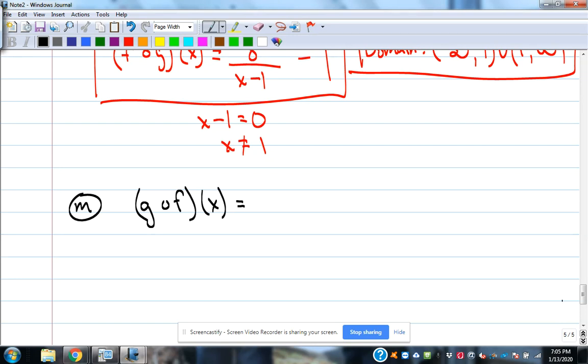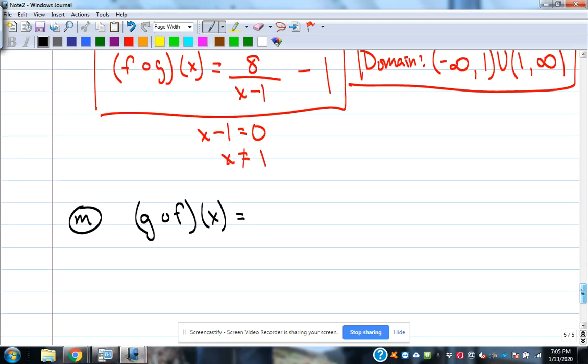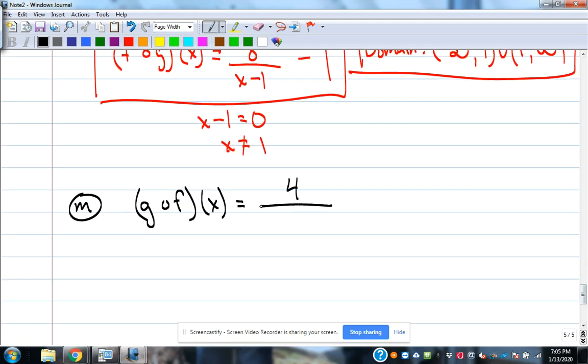So we're taking the first function, 2x minus 1, and putting it in the place of x in the second function. So it's going to be a big fraction, 4 over 2x minus 1 minus 1. So this part was the f of x. So we just replaced that x with the f of x.